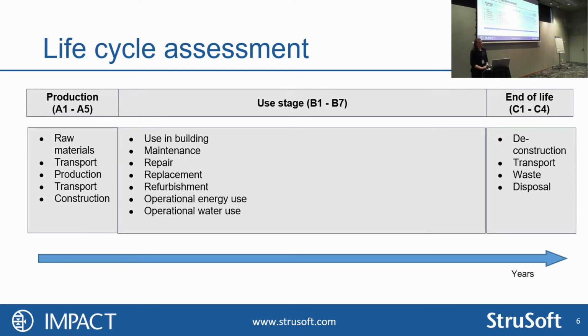And if we think, which of these stages and which steps do we have information about in PM? Yes, we have information about the first 3 points in the production stage. We know which building elements are used, so we have information about the raw materials. We know which factory is in use in this project, and we know where the factory is located geographically.